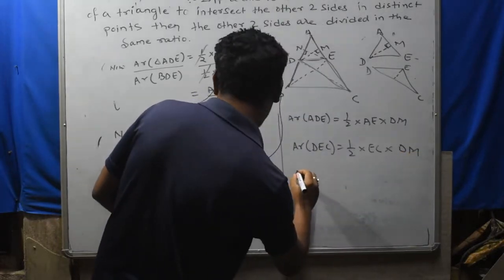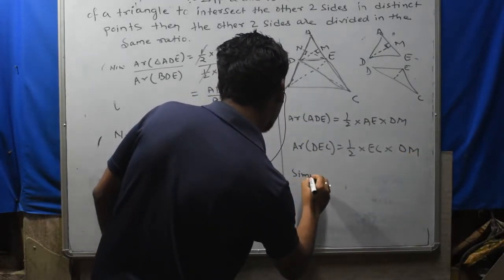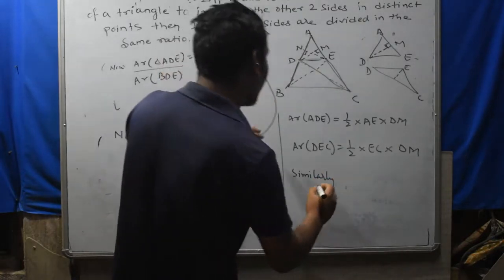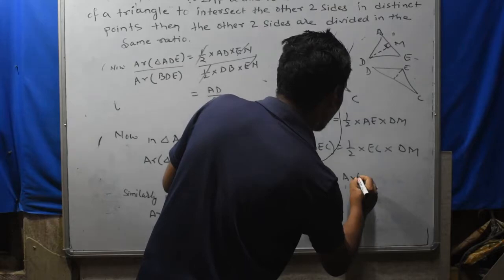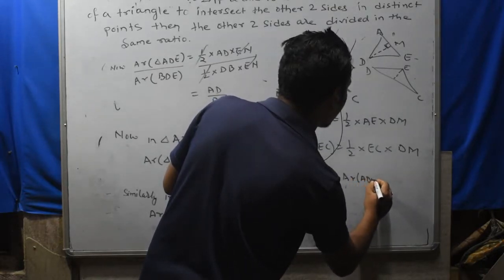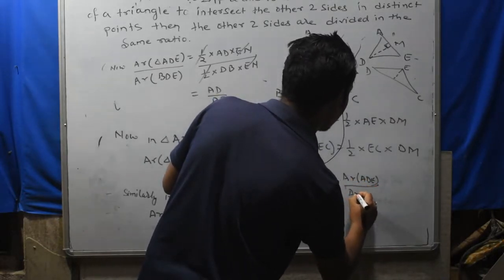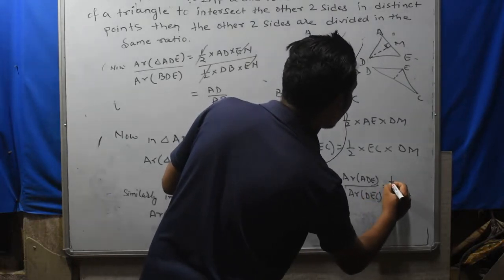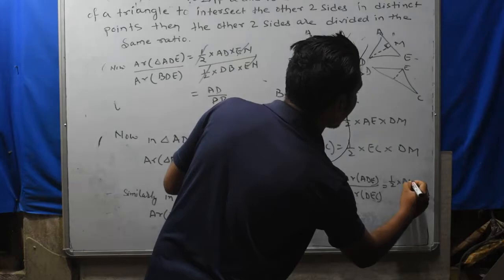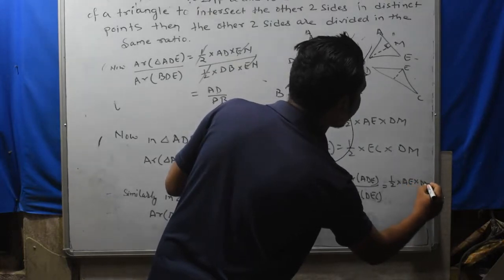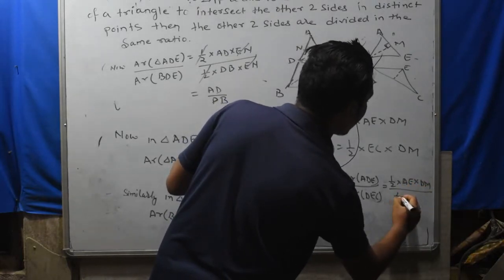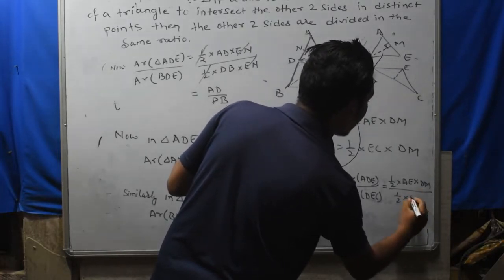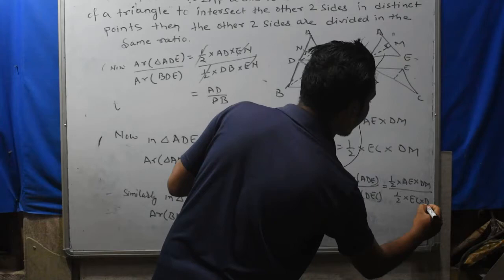So similarly, we can write area ADE by area DEC is equal to half into AE into DM by half into EC into DM.